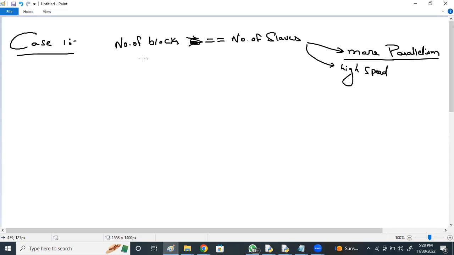For your understanding, think that there are 3 blocks and 3 slaves. Blocks b1, b2, b3, and slaves, assume slave 1, slave 2, slave 3, 3 slave systems.